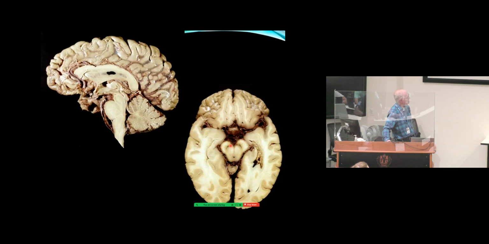So all of this is the tegmentum. So in a drawing here, you can see you've got the cerebral peduncles. Here are the third nerves coming out. And the tegmentum then consists of the substantia nigra and the red nucleus. This whole area is the tegmentum.